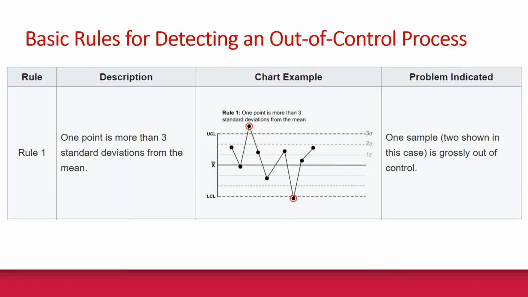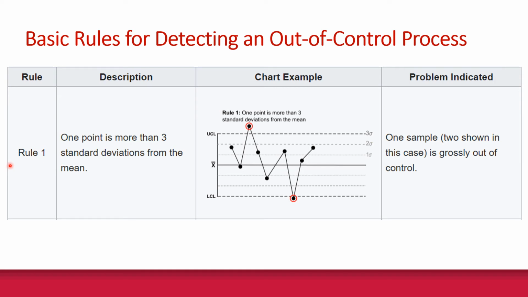So we've got a chart plotted. What do we do with it? Well, there are a lot of different theories on exactly what to do, and this process has evolved over time. Back in the 1920s, when Stewart actually came up with this, he basically had one primary rule, and that's what's known as Rule 1 now.